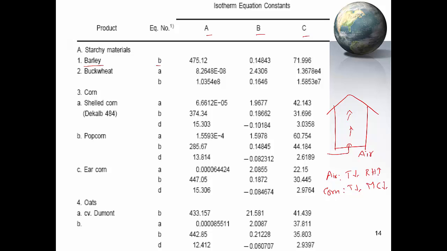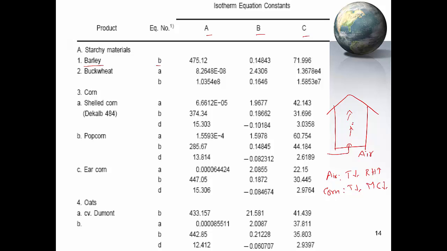And as the air humidity keeps increasing, at some point it may say that I can't absorb any more moisture from you because you are already in equilibrium with me, and then it may leave, right? So you need to understand the dynamics to determine how long you should operate a fan to dry the corn. So that we are going to study in the upcoming chapter. So you do need to understand the equilibrium moisture content and the equilibrium relative humidity of the materials in order to do the calculation.